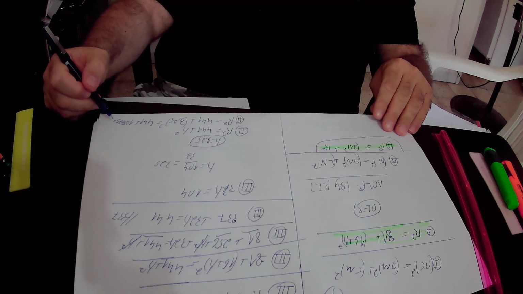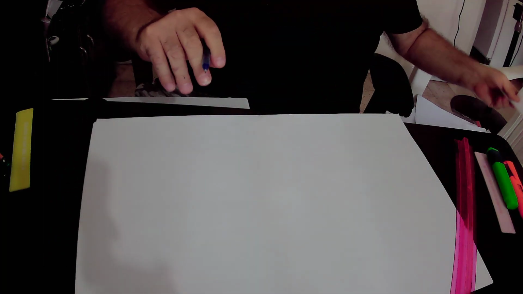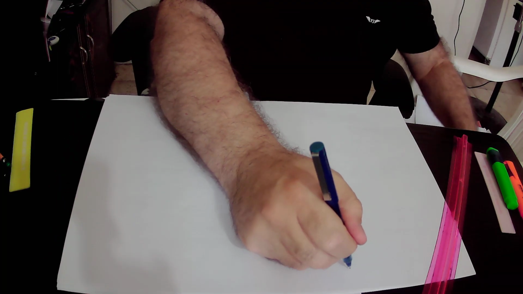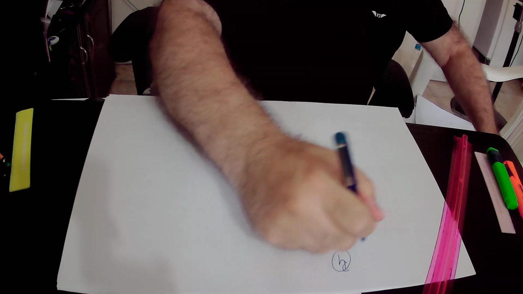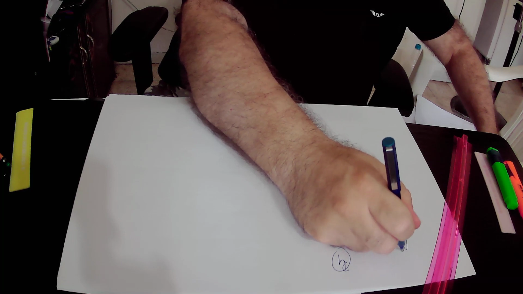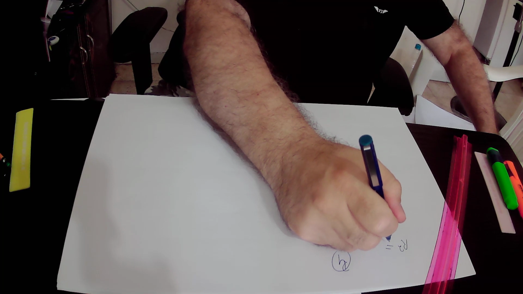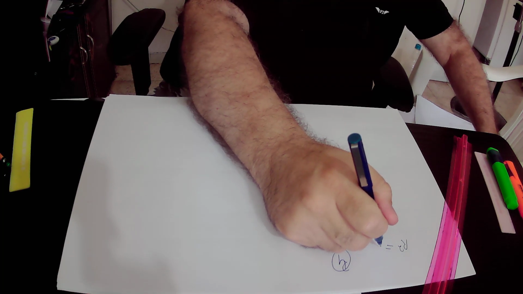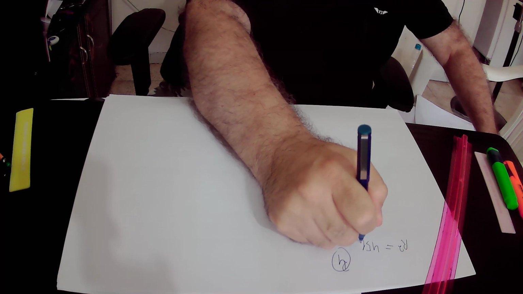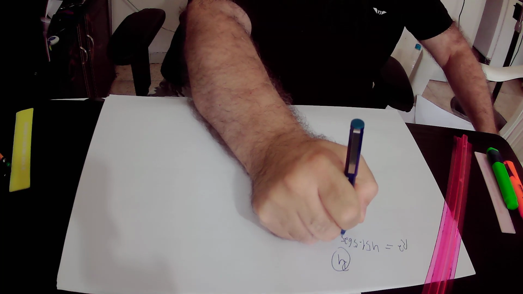And actually here I found out that r squared equals 441 plus 10.5625 equals 451.5625.